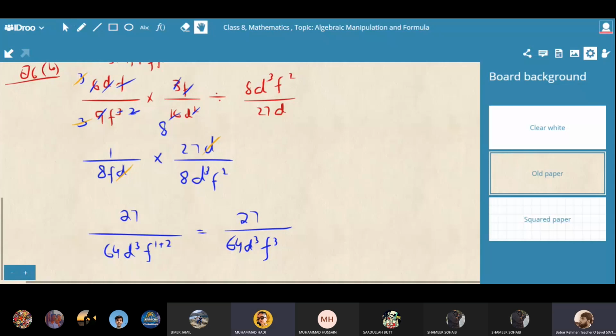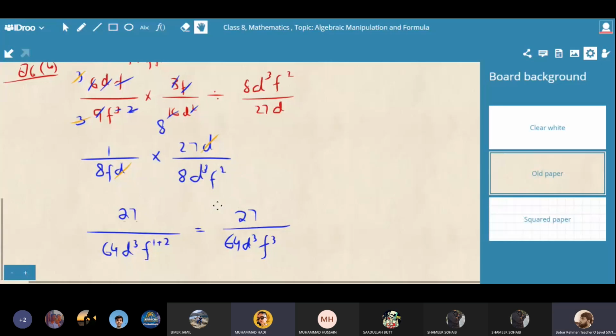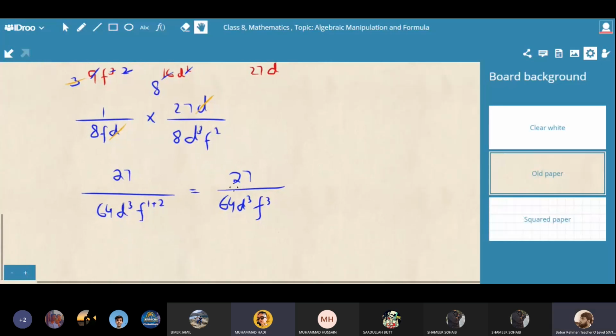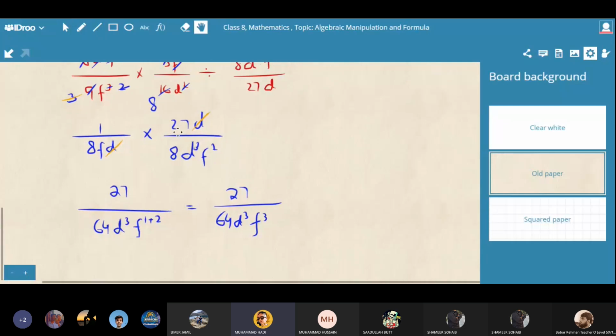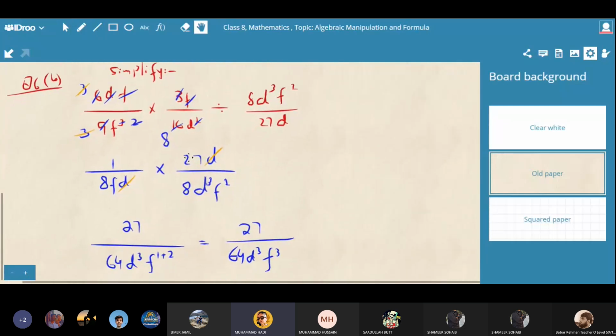No, Hadi, kindly explain this part, why I put the multiplication sign and why I did this 27d upon 8d power 3. Why did I do this? Because there was a divide sign, and if we change the denominator and numerator upside down, it will convert into multiplication.